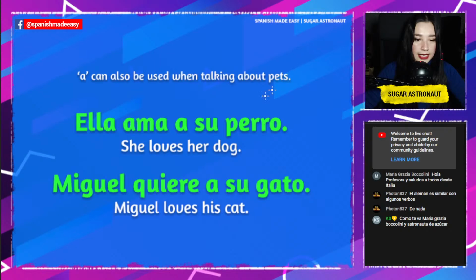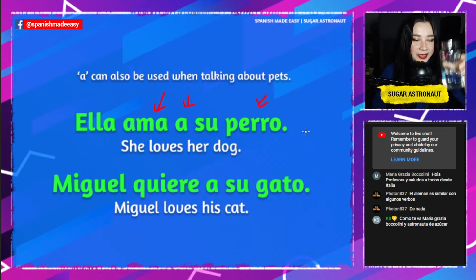The direct object is the dog, because the dog is being loved by ella. If we say ella ama su perro, that sounds incomplete. You need the letter a, and we have the verb right before. Ama a.